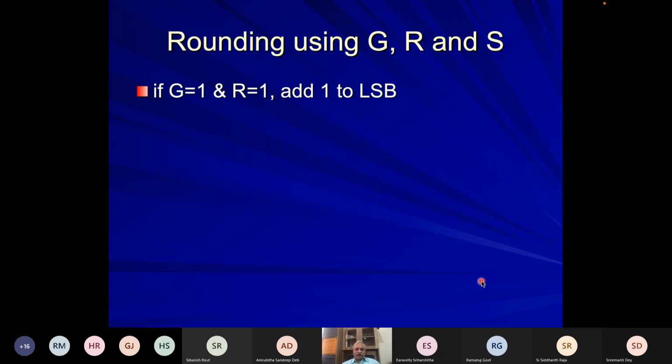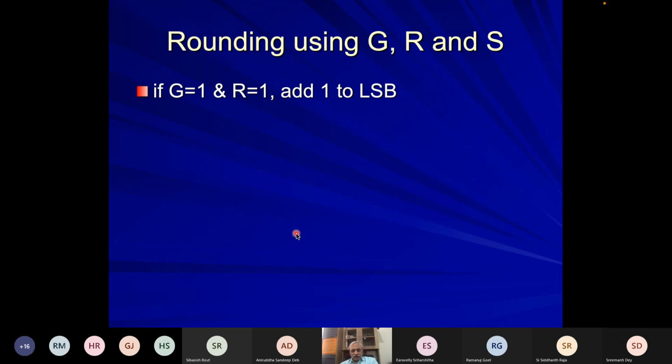If G and R both are 1, then you add 1 to the LSB. If G is 0, or if G is 0 and R is 1, then you don't add anything to the LSB.